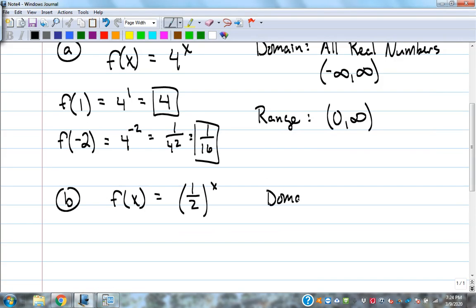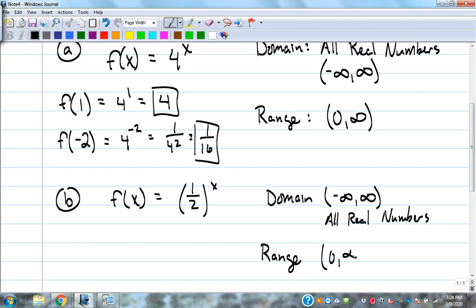Its domain is still negative infinity to positive infinity, all real numbers. The range is still from 0 to infinity. Not changed as far as that goes.